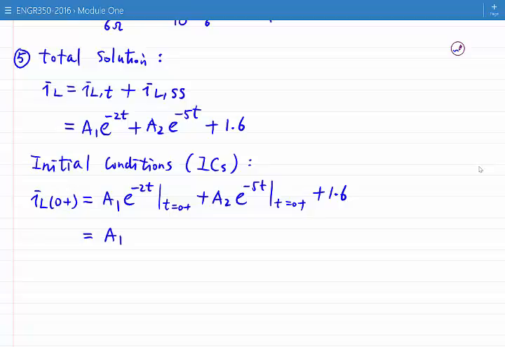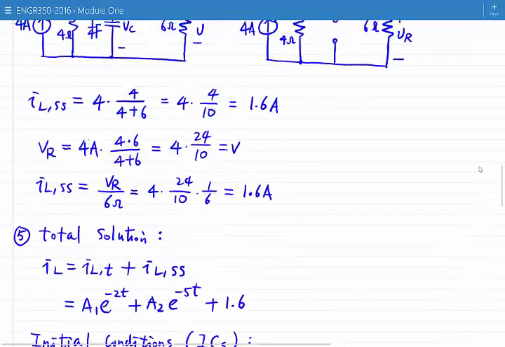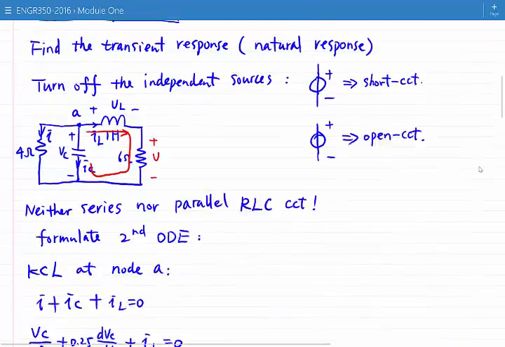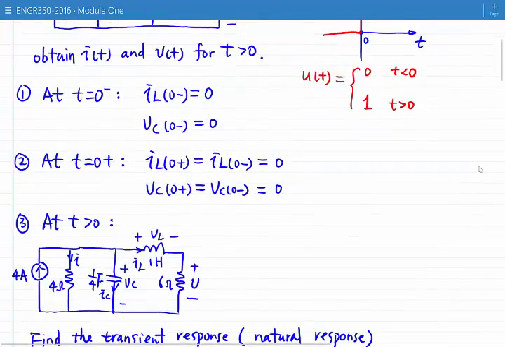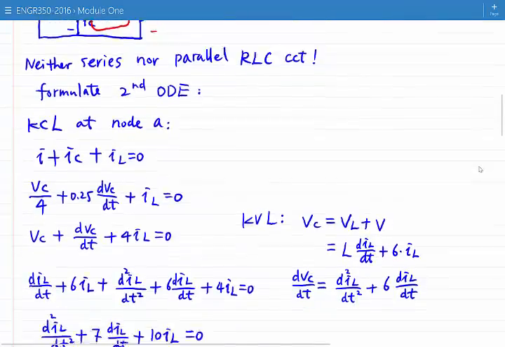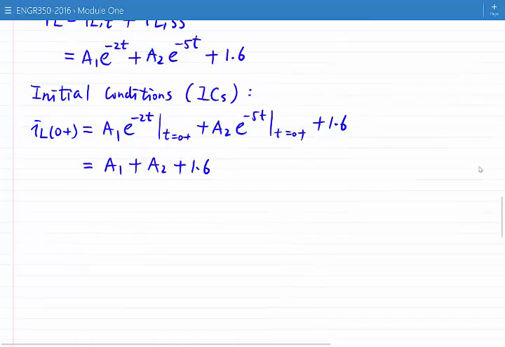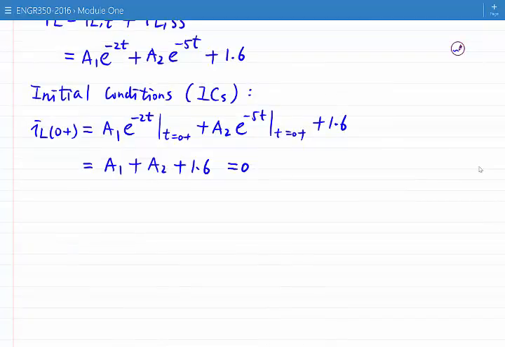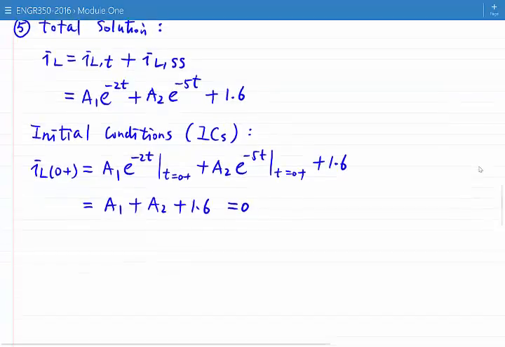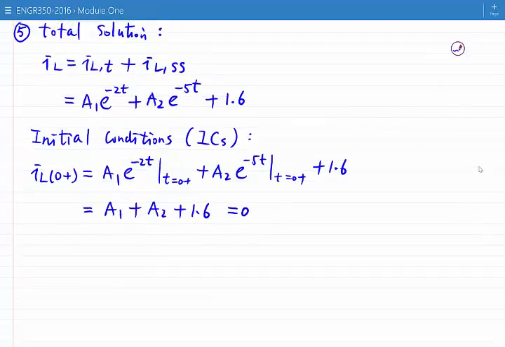So it is A1 times e to the power of 0, which is 1, plus A2 times e to the power of 0, which is 1, plus 1.6. From the initial condition, I know IL(0+) is 0. So this must be 0, because if this is the solution, the solution must satisfy the initial condition.